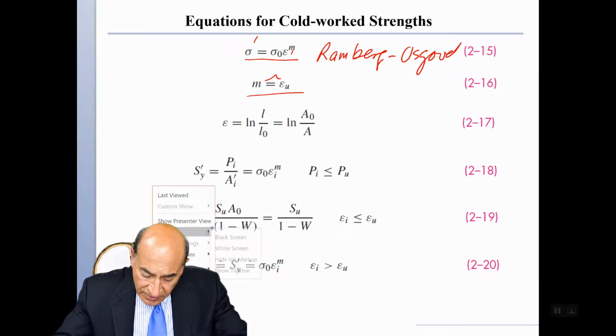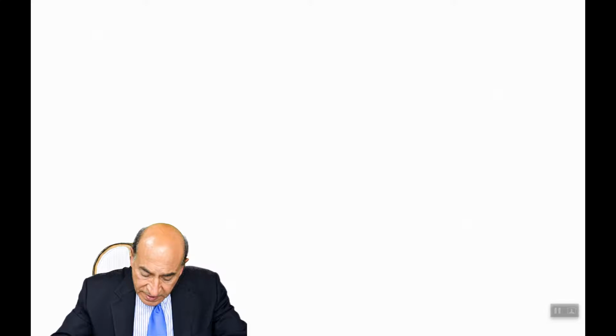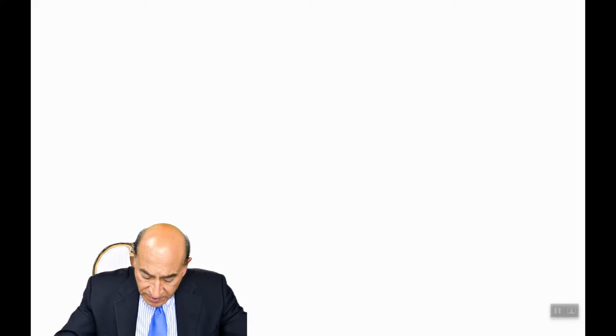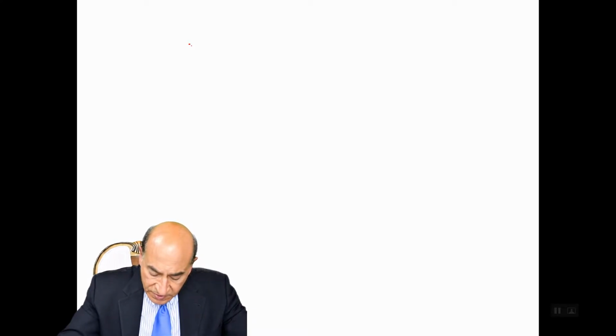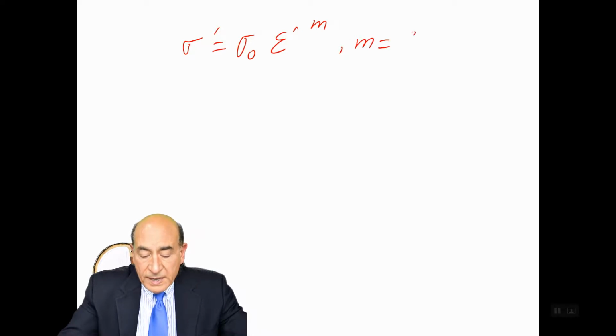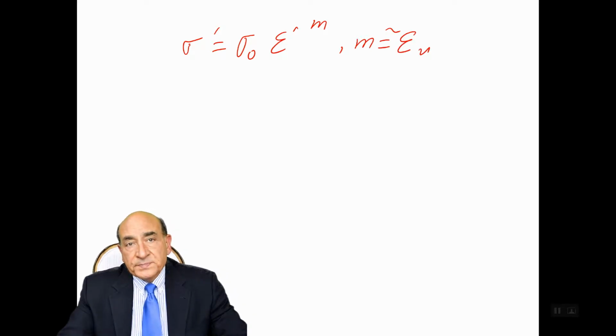So we can write that sigma prime is equal to sigma 0 epsilon prime to the power m, and m is equal to approximately epsilon ultimate.